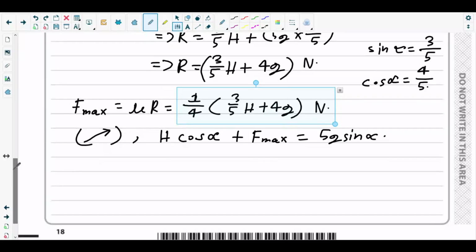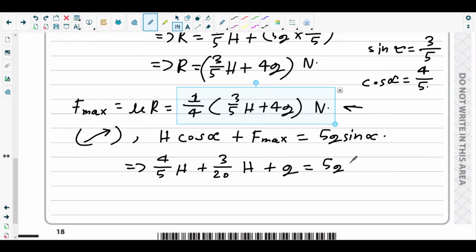Cos alpha is 4 over 5. So 4 over 5 h plus 1 over 4 times 3 over 5 h plus mu R, that one. 1 over 4 times 3 over 5 is basically 3 over 20 h plus, 4 cancels out, just g.